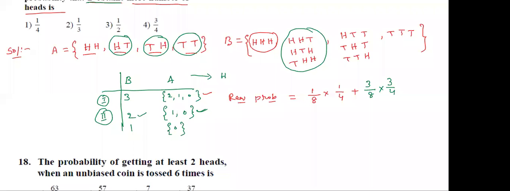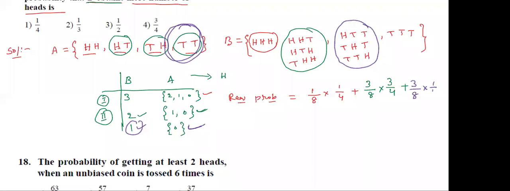Total 4. Plus, now I am going to the third case. Third case, B having only one head, having 3 chances. That is 3 by 8. B having one head means A has 0 heads. Where is 0 heads possible? Here only. That is 1 by 4.